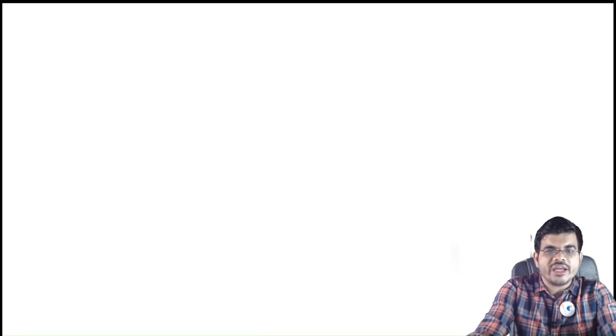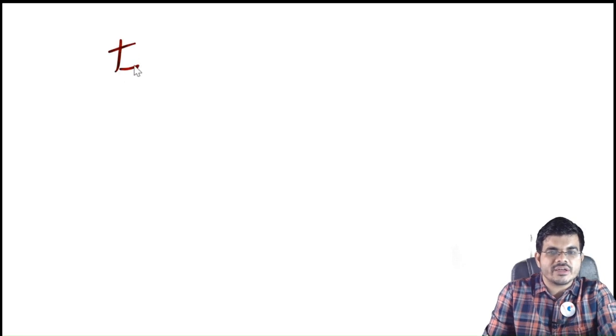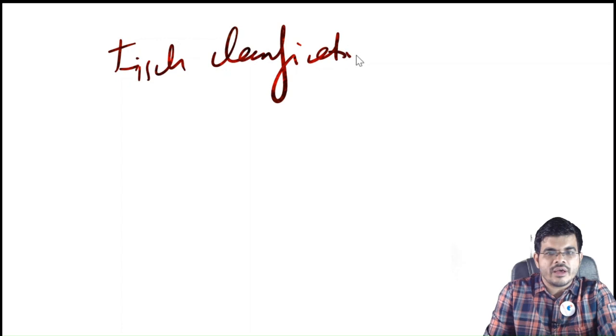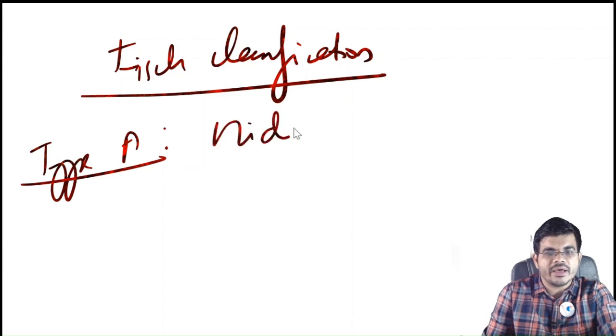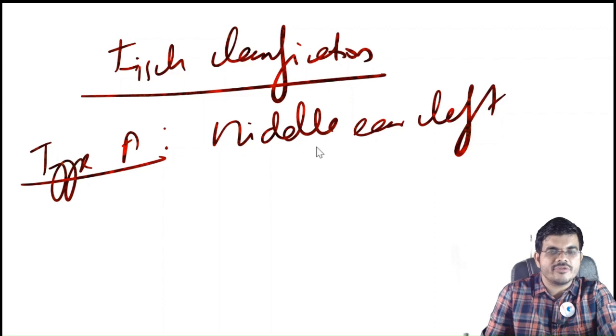But before all that, you will have to stage the tumor, right? What are the various stages of glomus tumor? The staging is done by the Fisch classification, and according to type A, the tumor is confined to the middle ear cleft.